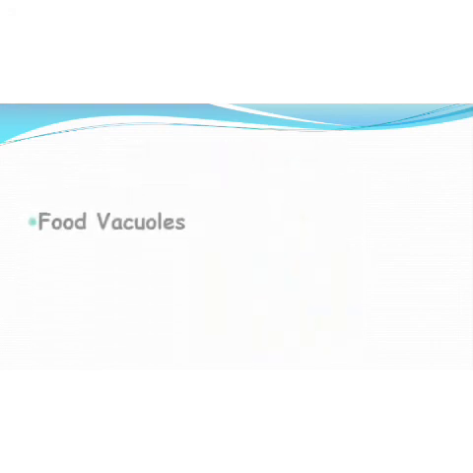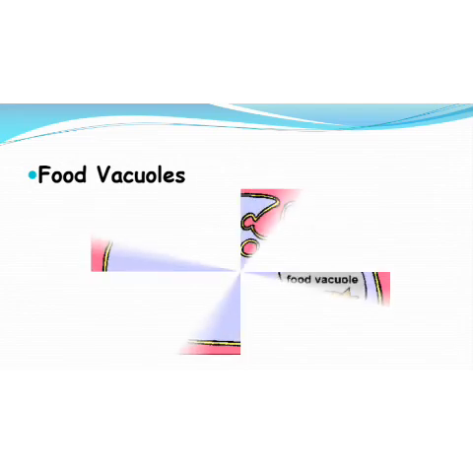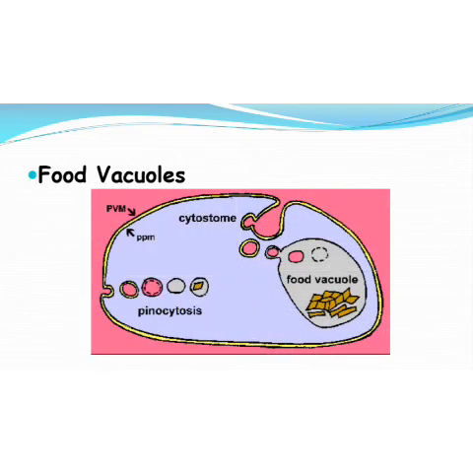The next is food vacuole. Food vacuole is present in organisms like amoeba or amoeboid cells, and you can see this structure labeled as food vacuole. Any food substances ingested by the cell through the formation of a vesicle become a food vacuole, and enzymes can be released in this vacuole to digest the food, right?